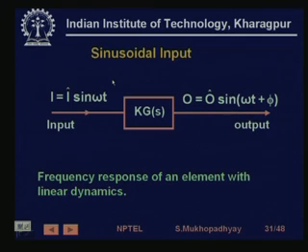Since the frequency remains constant, it need not be studied. But the ratio between the output magnitude and the input magnitude, which we call the gain, and the phase lag, these are the two things that we typically characterize.